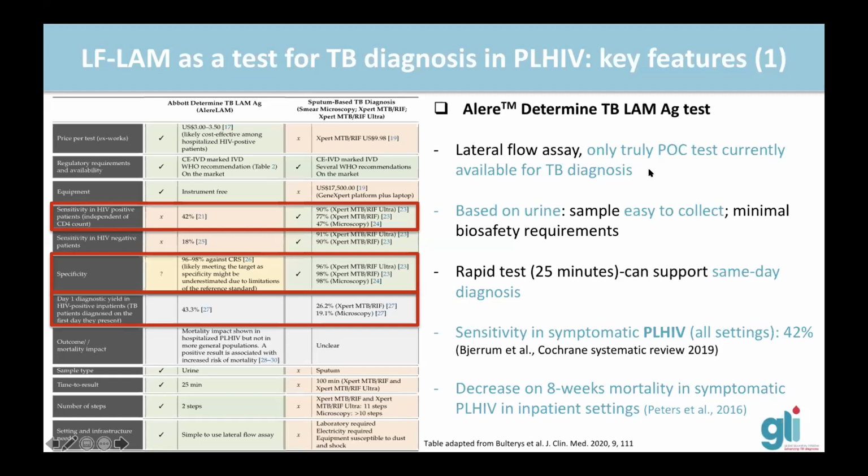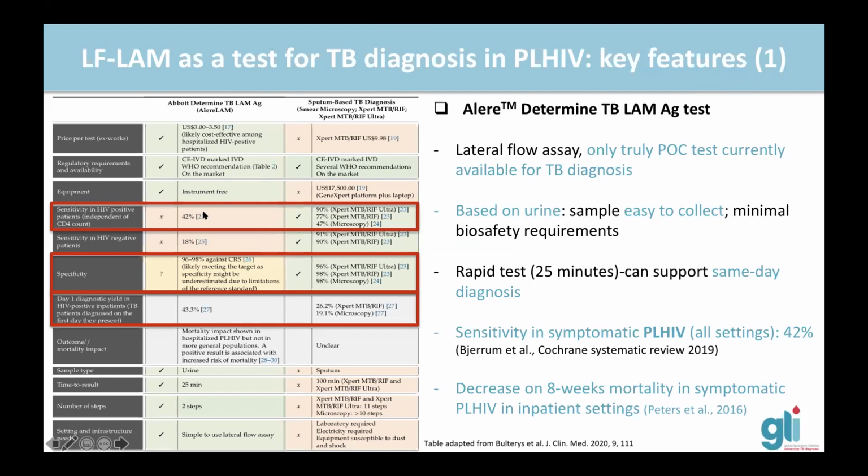It's based on urine, a sample easy to collect, and it is a rapid test, so the turnaround time to results is 25 minutes, and therefore it can really support same-day diagnosis.